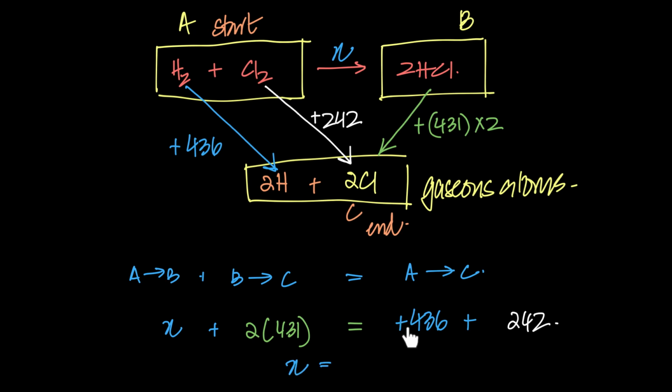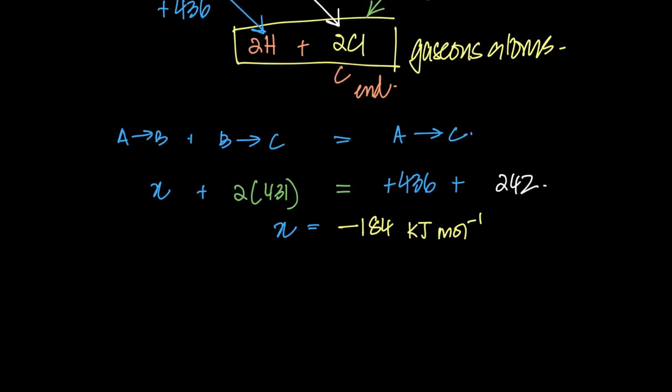So you do this, 436 plus 242 minus 862, and you would get the same answer as we got last time, which is minus 184 kilojoules per mole.